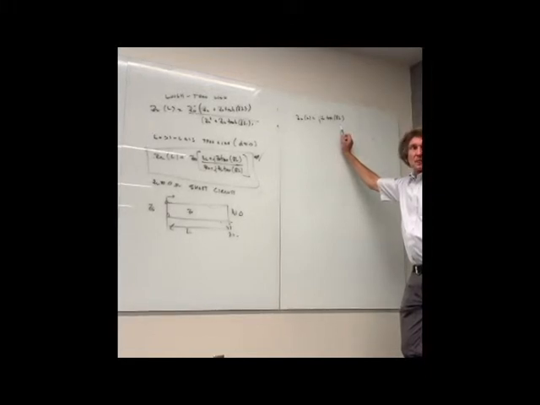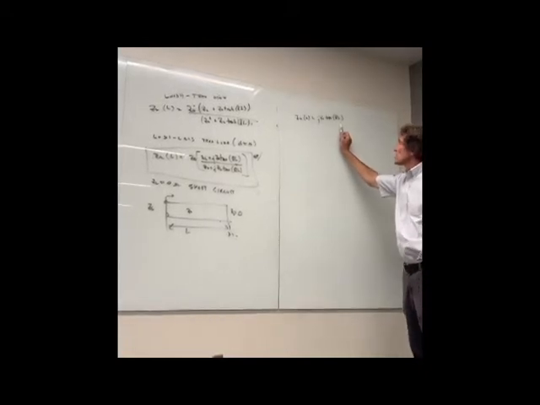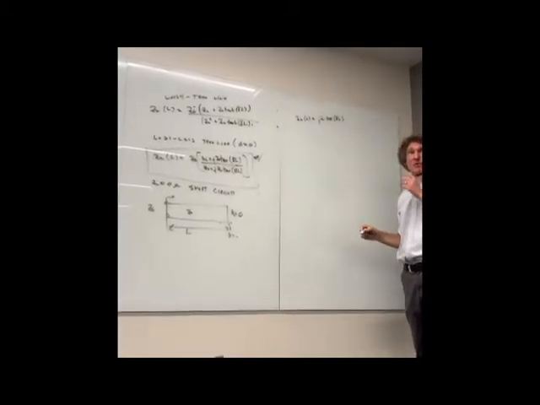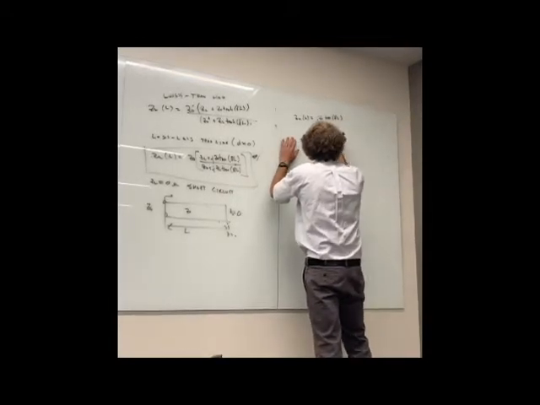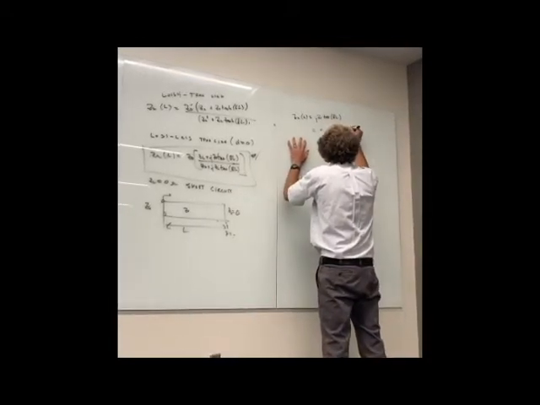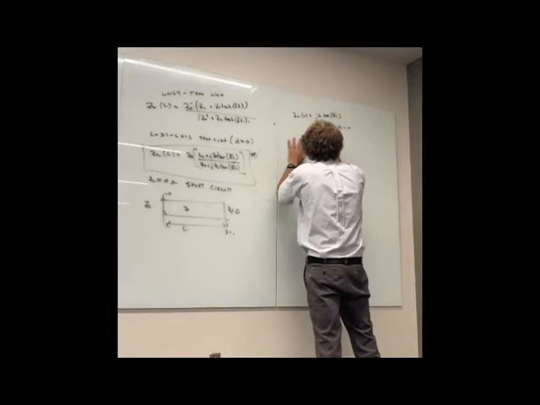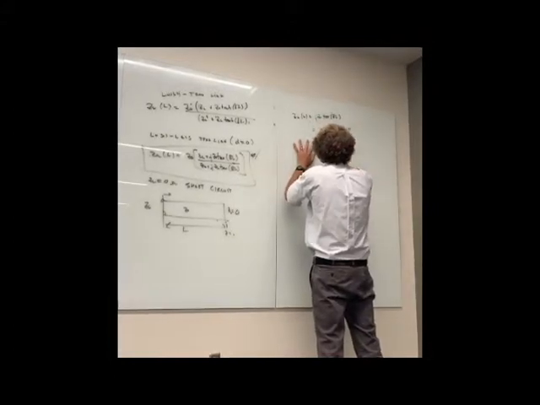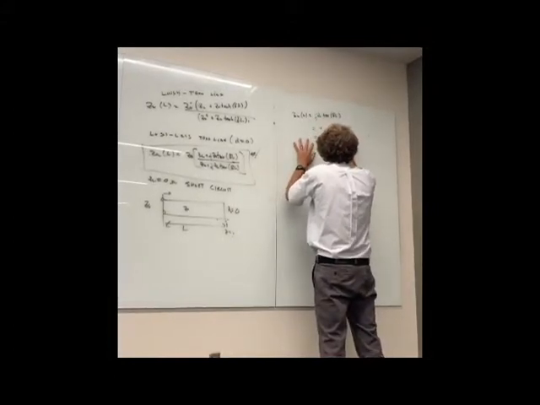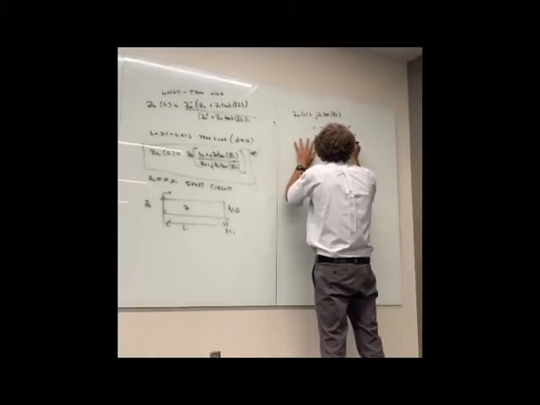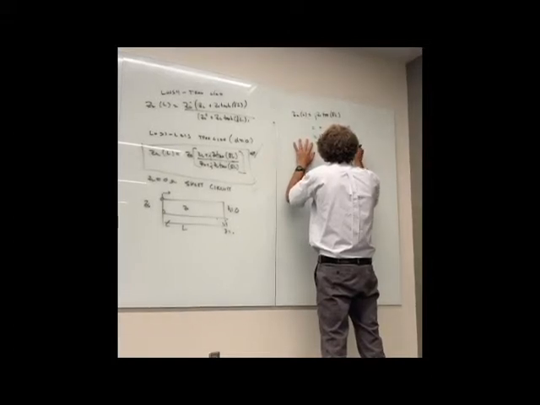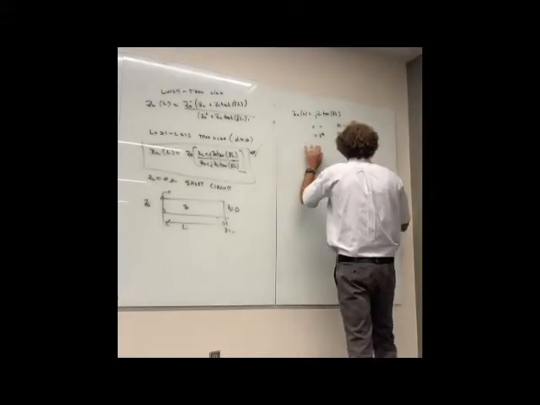Positive infinity. Well, let me just show you this. This equals 0 for beta L equals 0. It's equal to infinity, or approaching infinity, j infinity, to be honest with you, when beta L is equal to pi over 2. That means when L is equal to pi over 2 beta. Now just watch this.